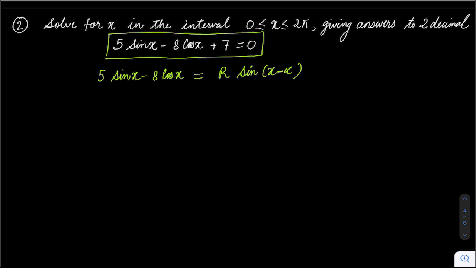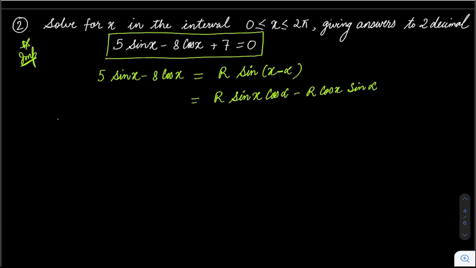So now let's find r and alpha. Multiplying this out, we get r sine x cos alpha minus r cos x sine alpha. Now this will be an important question, so please pay attention.